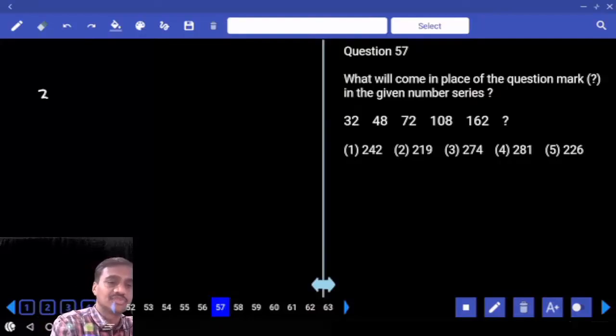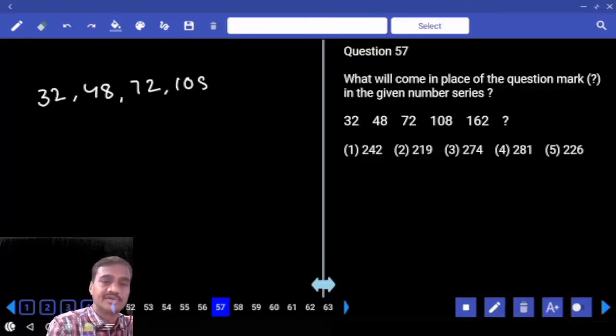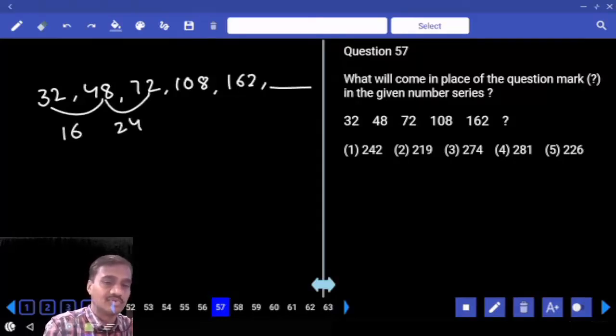Then if you go for this one, 32, 48, 72, 108, and the next one is 162. The differences: 32 and 48, 16. 48 and 72, 24. 72 and 108, 36. Here the difference is 54.